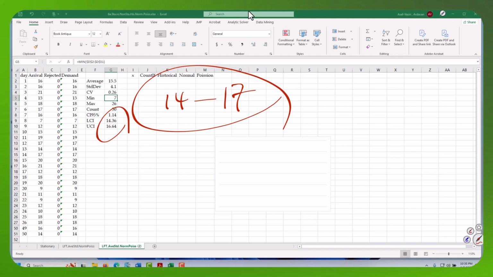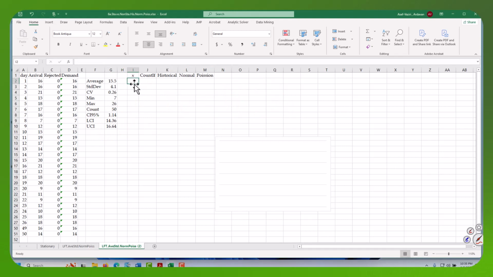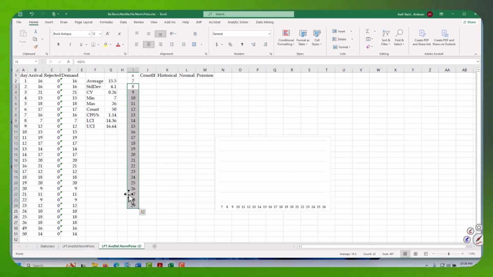But we may also exercise a little bit more, not for the purpose of the game, but just to have more knowledge about things that we can do in these situations. Let me prepare a histogram: minimum equal to this one plus 1, and then I come down until I reach 26.